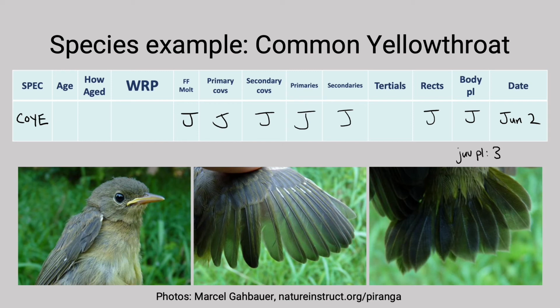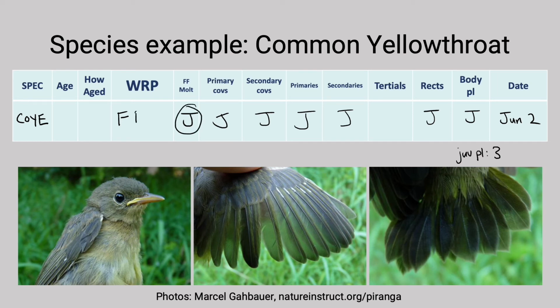That's full juvenile plumage. Alright, WRP code. This bird is absolutely in its first cycle. You can't have a cycle before this. It's the youngest cycle there is. It is currently actively molting, so we don't have a C this time.